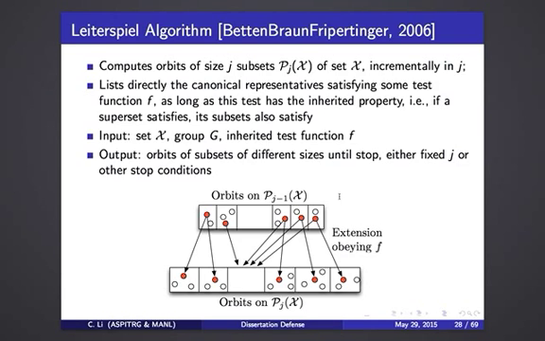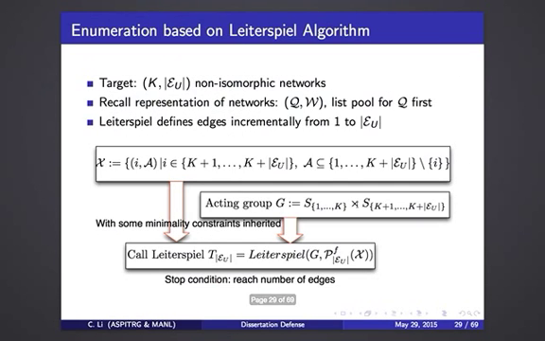So for Lattice Spiel, the input includes the set X, group G, and the test function f, if any. And the output will be the orbits of the subsets of different sizes until you stop the process, either at a fixed j or other stop conditions. Okay, so given Lattice Spiel, we would like to enumerate all K, E non-isomorphic networks.